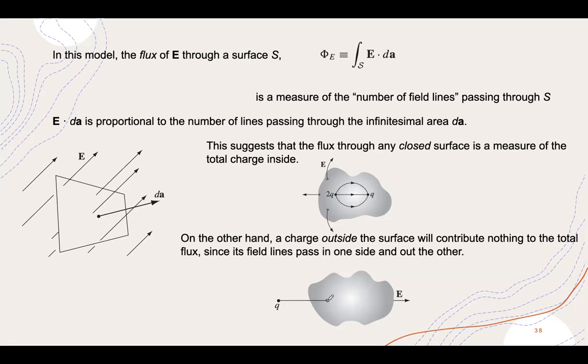Once a charge is outside the surface, it is not going to contribute to the total flux, because it comes in from one point and goes out from another. So if you define inside as negative and outside as positive, it is going to cancel out.